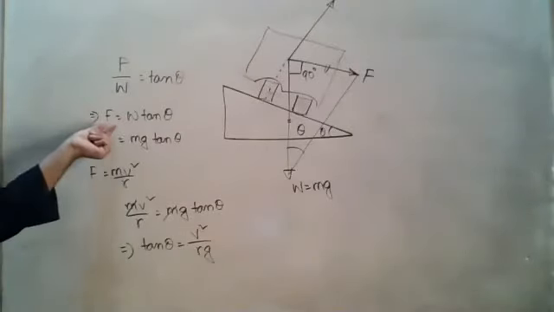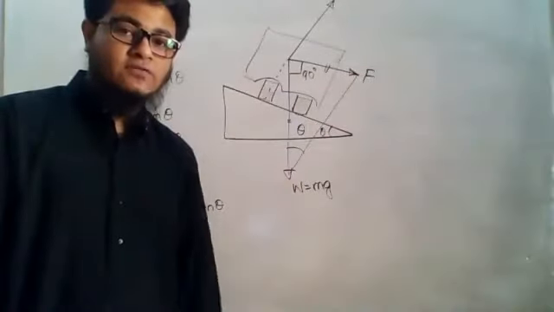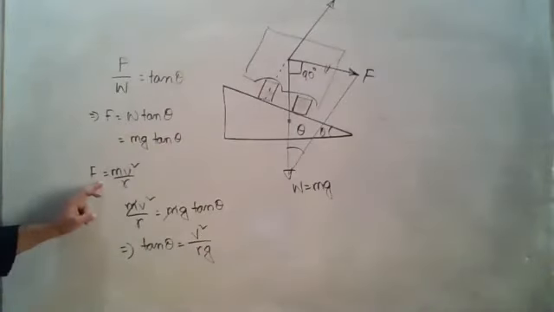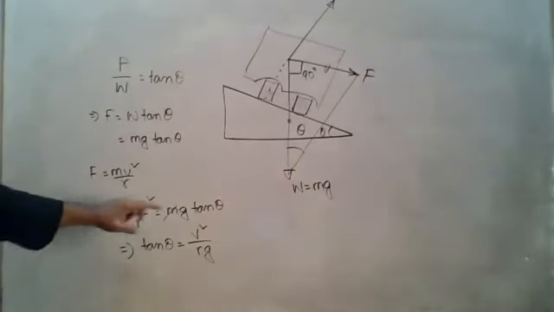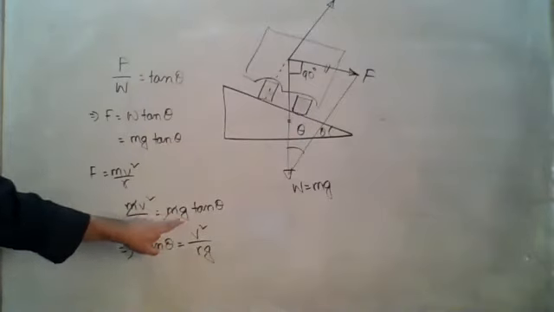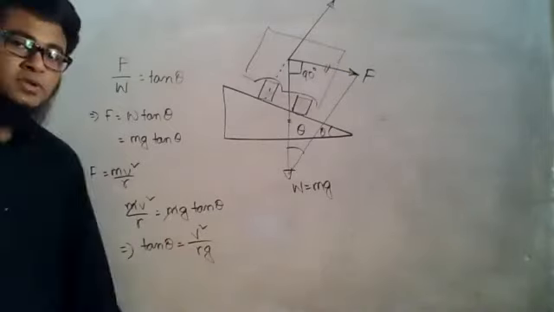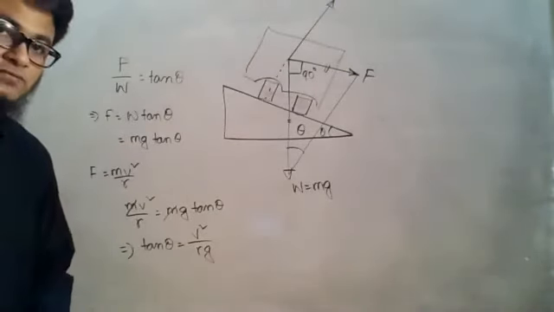Now again, this F is going to serve as centripetal force, so we can replace F by mv square by r. In this equation, m will get cancelled, and g is multiplied here, so if I change the side, it will be divided. So tan theta will be equal to v square by rg. This is the same equation that we got in the case of the cyclist, if you remember.